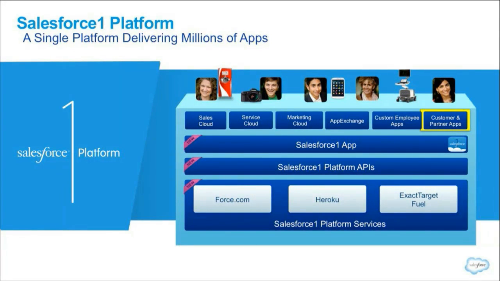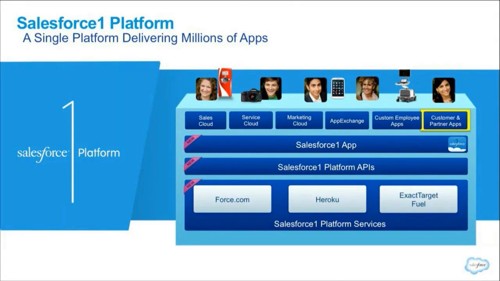And on top of that, we've layered our Salesforce One platform APIs and our new mobile app to deliver a bunch of different experiences across apps you can buy from us, like Sales Cloud, Service Cloud, and Marketing Cloud, or apps that you can build, custom apps for your employees and custom apps for your partners. And when all this technology sits on one cloud stack, we're able to deliver a connected experience between customers and employees. So with that, when we talk about these tools, we'd really like to give an introduction to one that we think is most important for creating engagement, and that is Heroku.